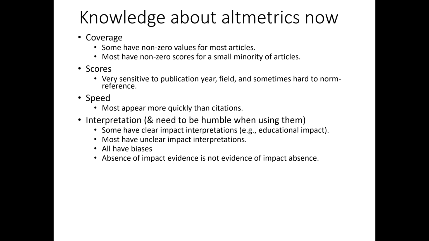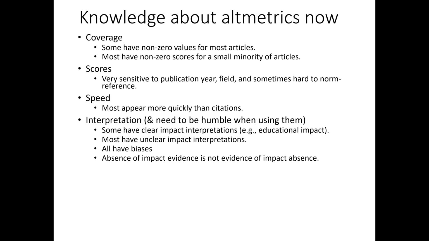But others have very unclear impact interpretations, such as tweet counts. They're unclear because tweets can be used for many different purposes by many different people. So it's not really possible to say what each individual tweet represents in terms of impact or other evidence. So I would say that most Altmetrics have unclear impact interpretations in general.